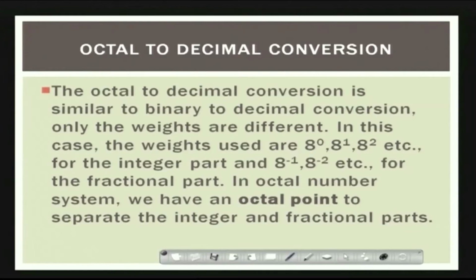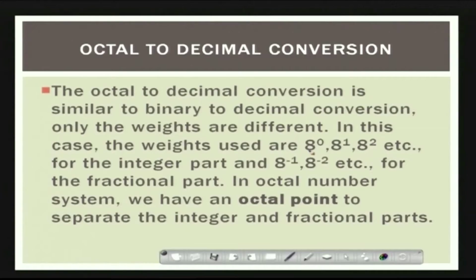Now, here the only difference is the use of the weights. In the hexadecimal number system, we used weights like 16 power 0, 16 power 1, 16 power 2 and so on. In binary number, we used weights such as 2 power 0, 2 power 1, 2 power 2 and so on.